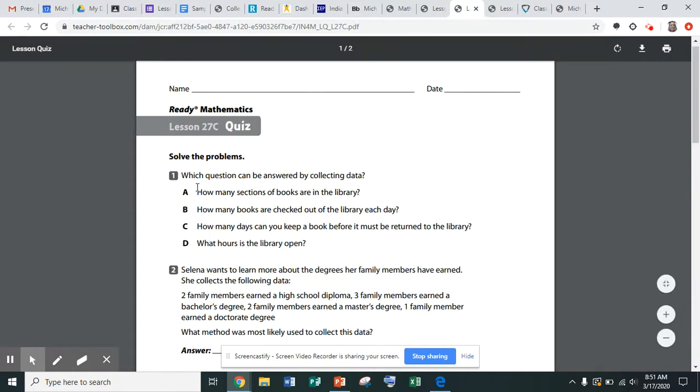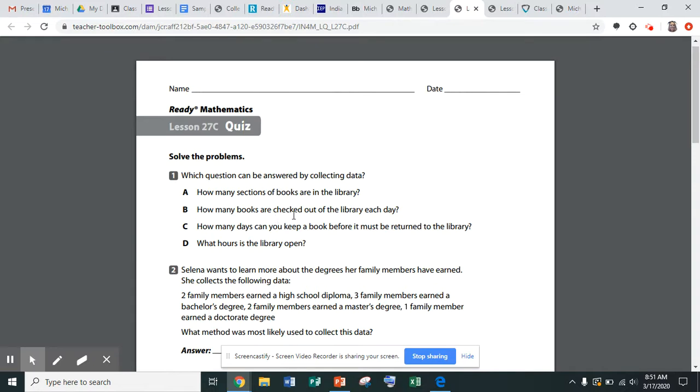questions. Question number 1. Which question can be answered by collecting data? Now remember, when you're collecting data, you want questions that produce more than one answer. If it's just a one answer question, then it's not a good question for collecting data. A, how many sections of books are in the library?